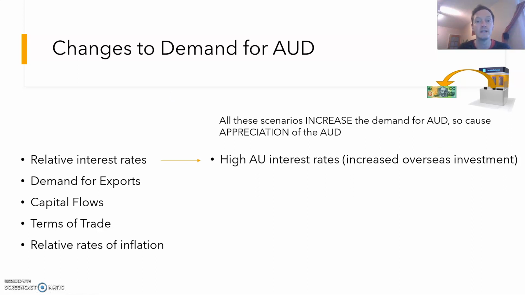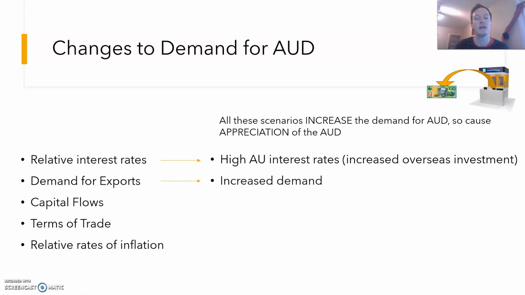So lots of overseas investors are going to go to the foreign exchange office with their currency, sell that, and then they will demand the Australian currency so they can then invest that into the Australian market and chase these higher returns. So high Australian interest rates relative to other countries will cause an appreciation of the exchange rate.